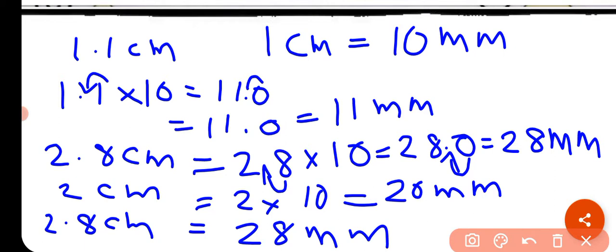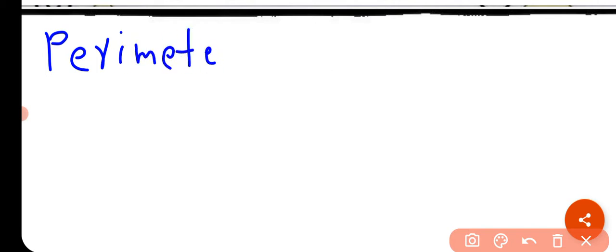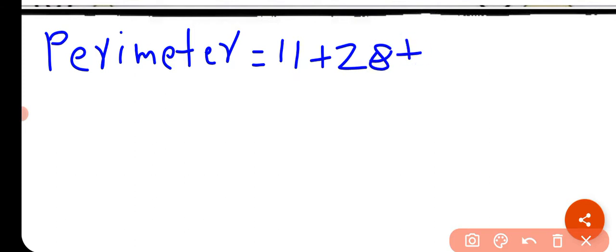Now we have to find the perimeter. Perimeter means length of all sides. So perimeter is equal to 11 plus 28 plus 20 plus 28.